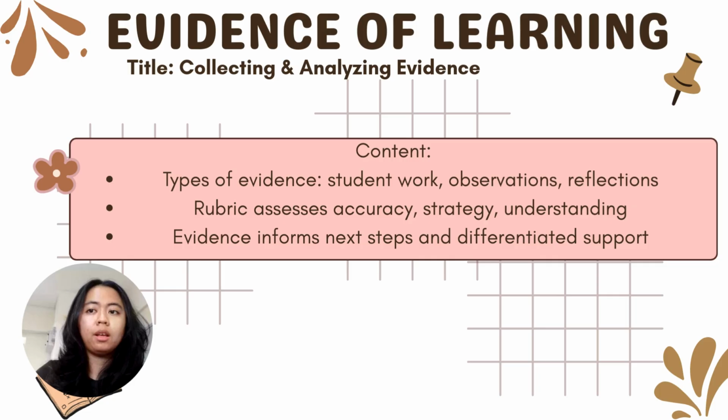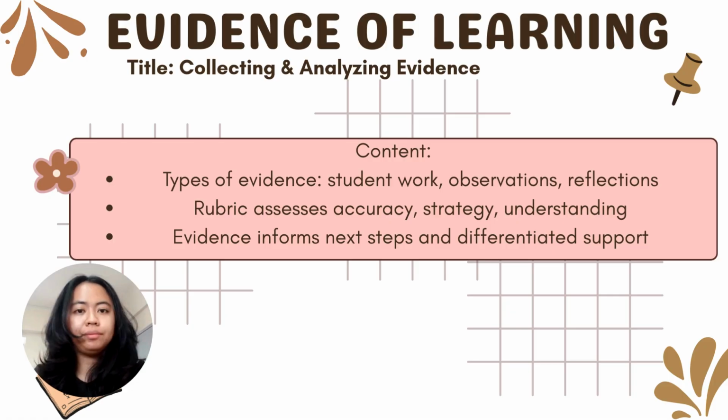Evidence of learning: types of evidence collected. Students' correct use of counters and number lines, observation and notes on students' problem-solving strategy, student reflection and verbal explanation. Evaluation and analysis: I will evaluate evidence using a simple rubric that assesses accuracy, strategy, and understanding.